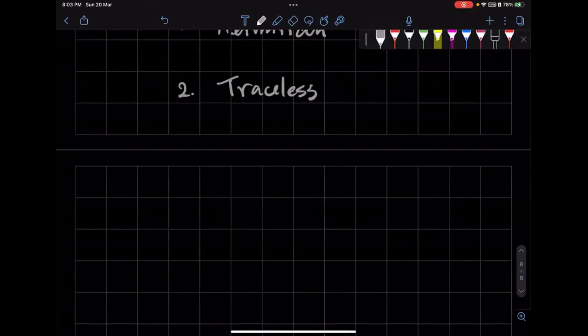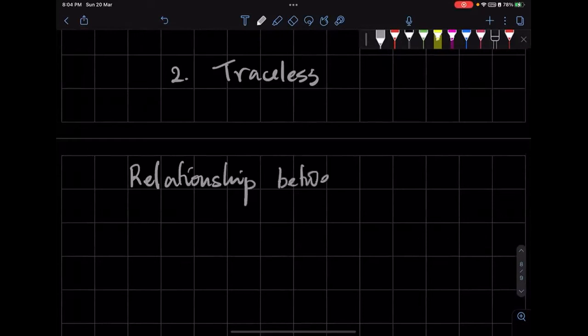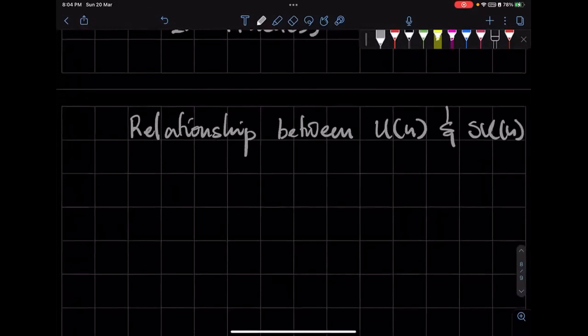So there should be a relationship between UN and SUN. Okay, so this is our next topic, the relationship between UN and SUN.